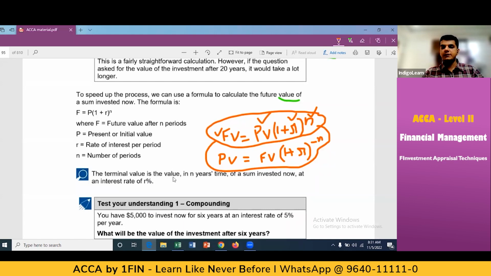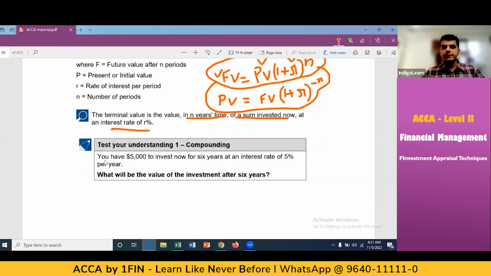The terminal value is the value in N years' time of a sum invested now at an interest rate of R. If we see the first question, you have $5,000 to invest now, immediately, for 6 years at an interest rate of 5% per year.